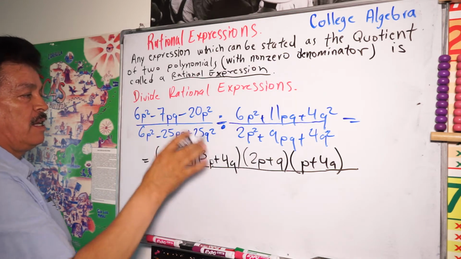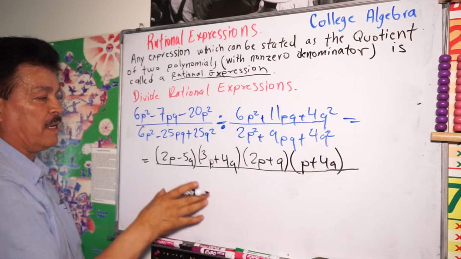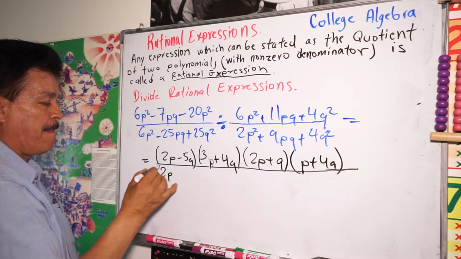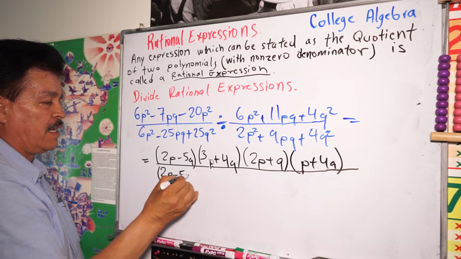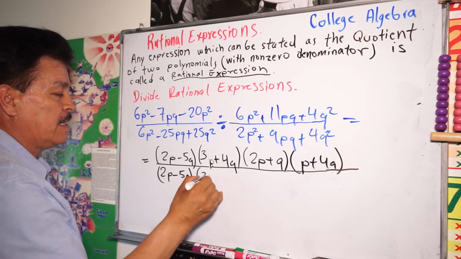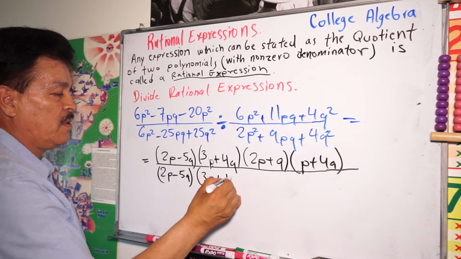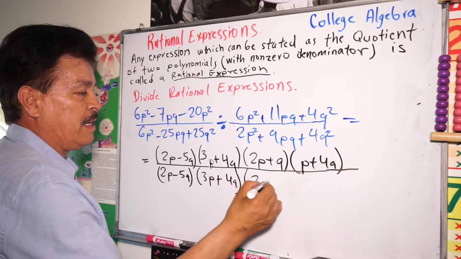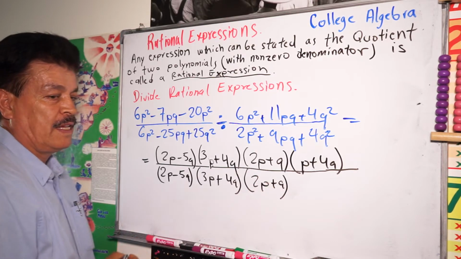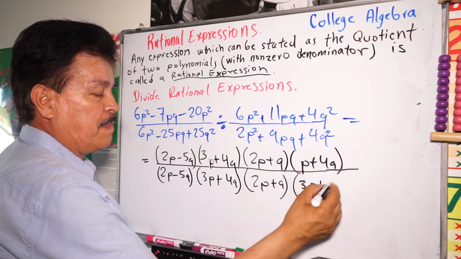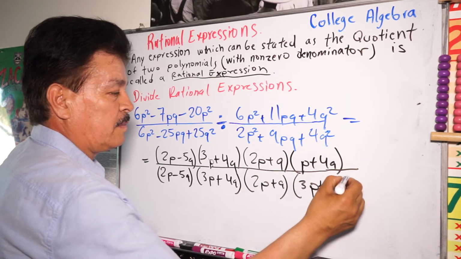Over, we need to write all the terms there. So 2p minus 5q times 3p plus 4q times 2p plus q times 3p plus 4q.